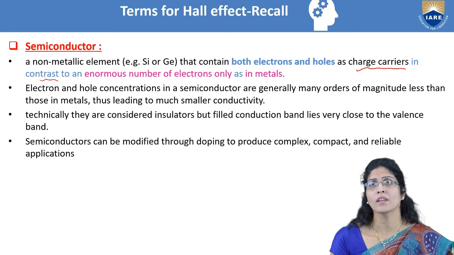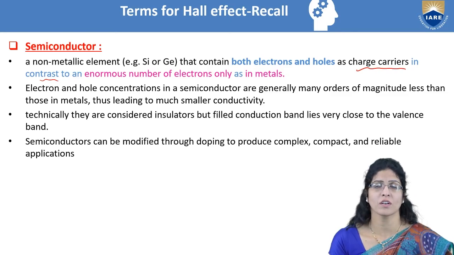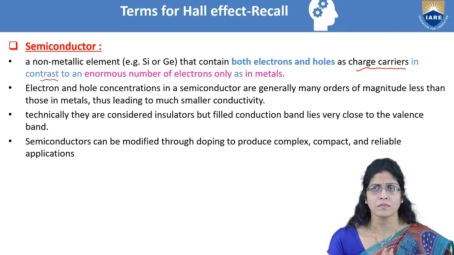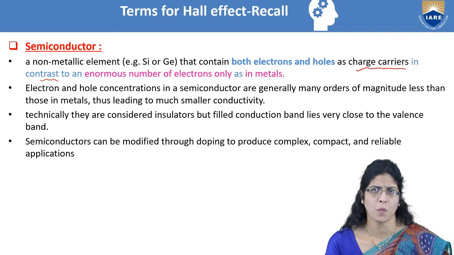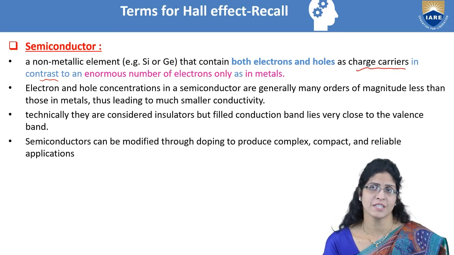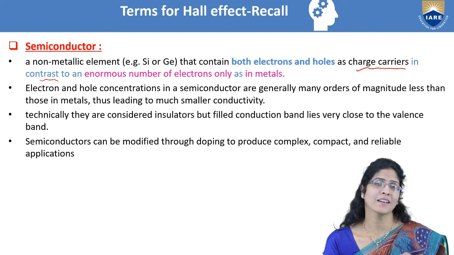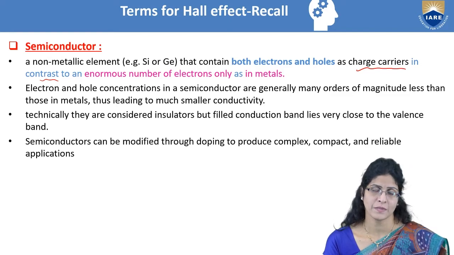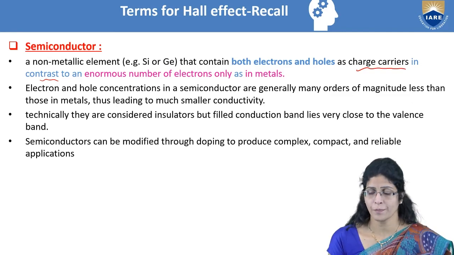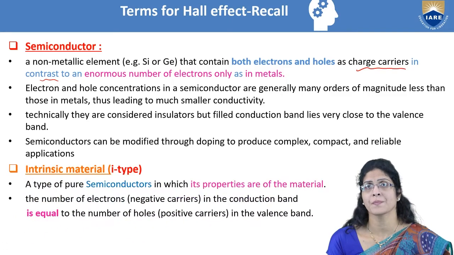And the electron and the hole concentrations are generally of very lower magnitude. And that's the reason why you get very small conductivity, and you can modify this conductivity by doping some other materials into the basic intrinsic semiconductor, so that you can arrive at electronic and electrical applications which can produce complex, compact and reliable results and applications.